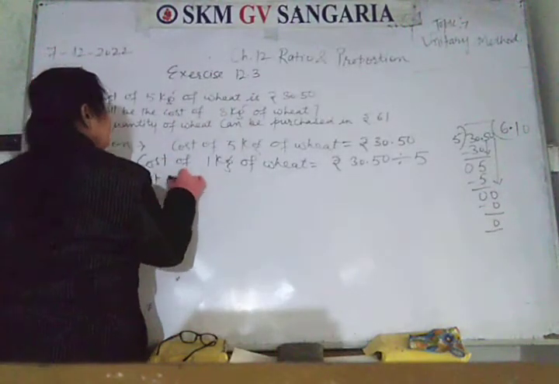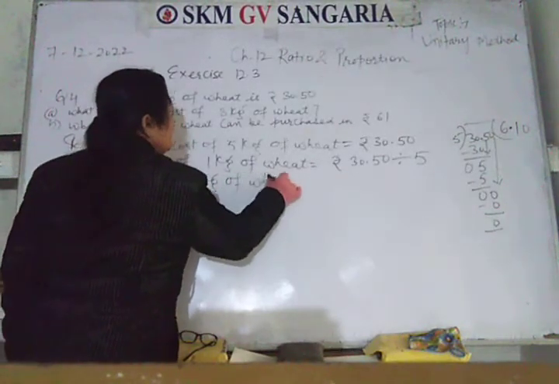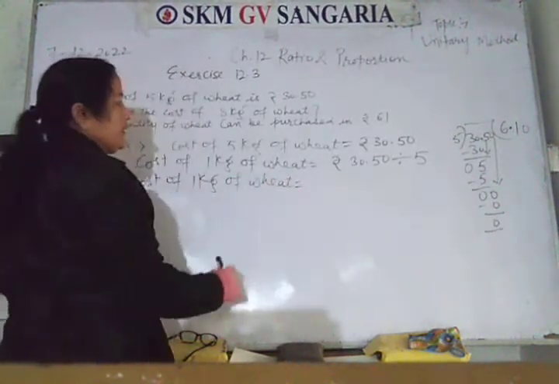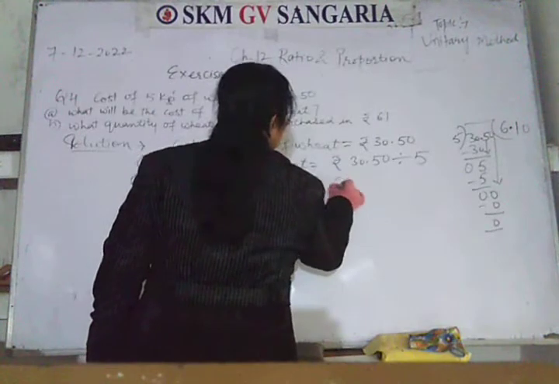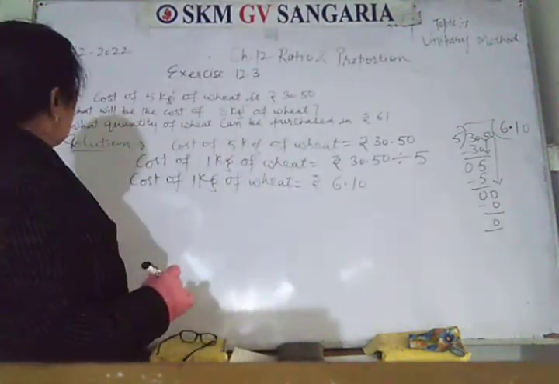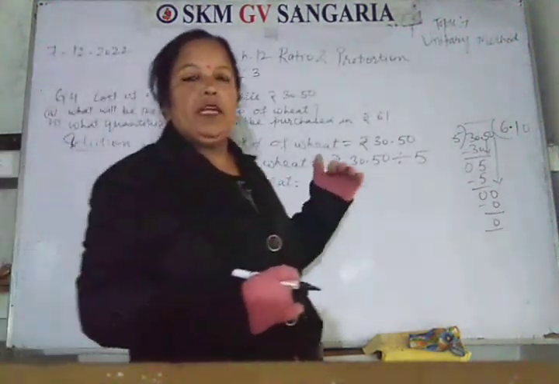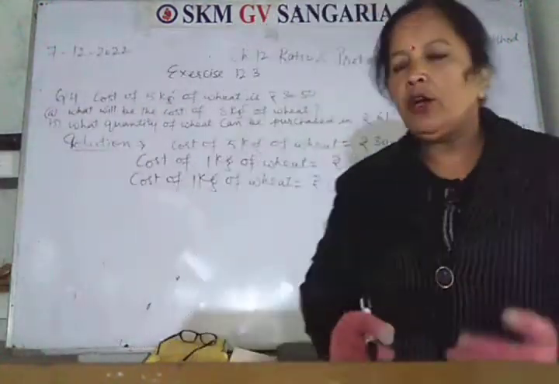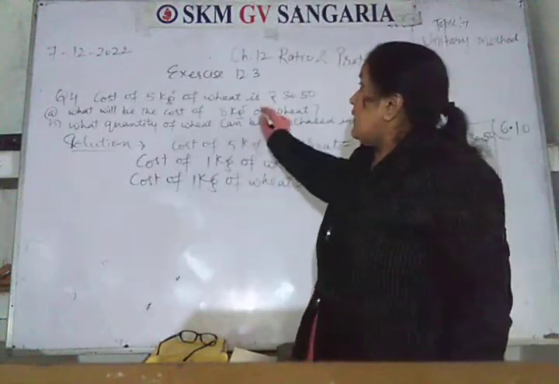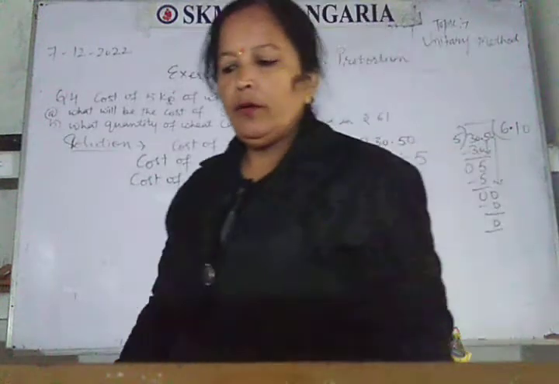So the cost of 1 kg of wheat is equal to rupees 6, paise 10. First of all, I have found the cost of 1 kg of wheat. Now, in part A, what will be the cost of 8 kg of wheat?